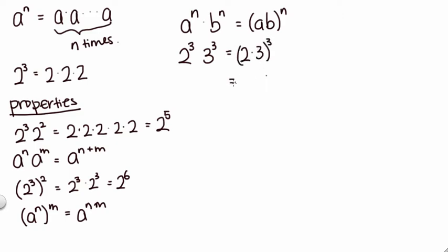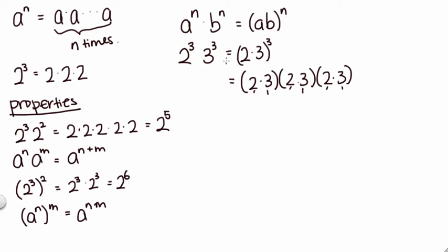Because 2 times 3 to the third power means 2 times 3 times 2 times 3 times 2 times 3. And since multiplication is commutative and associative, we can collect all the 2's, 1, 2, 3, so we get 2 to the third power, and then we get 3 to the third power because there are 3 of the 3's. So that's the rule for when we have different bases but the same exponent. Then we can multiply the bases together and the exponent stays the same.